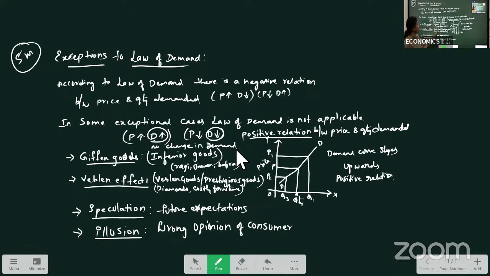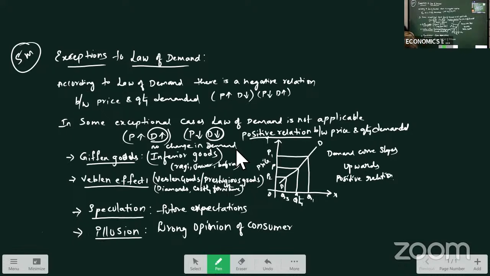They substituted meat with bread. So in case of inferior goods, when the consumers are low income, law of demand is not applicable.